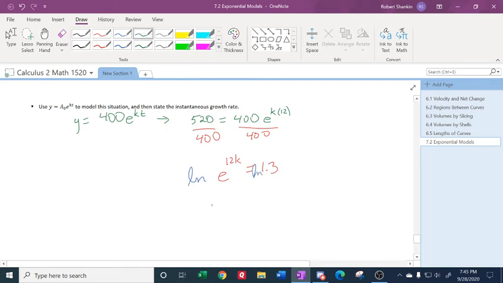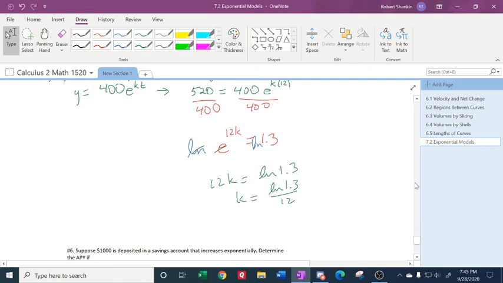And what I'm going to get is these cancel out. 12k is ln of 1.3, or k equals ln of 1.3 divided by 12. So then my modeling equation is y equals 400 e to the (ln of 1.3 divided by 12) times t. And this is my growth rate.